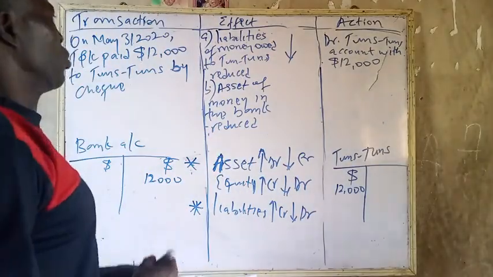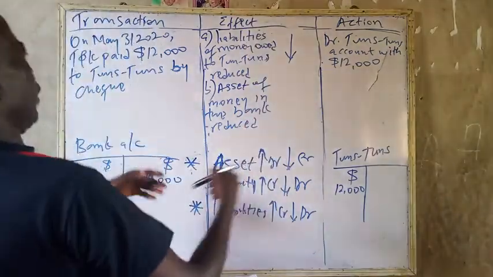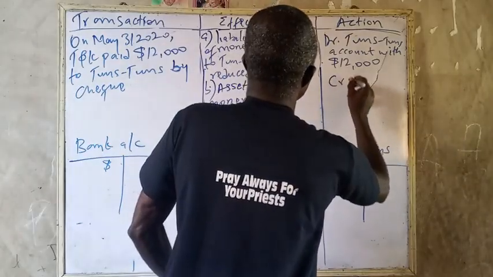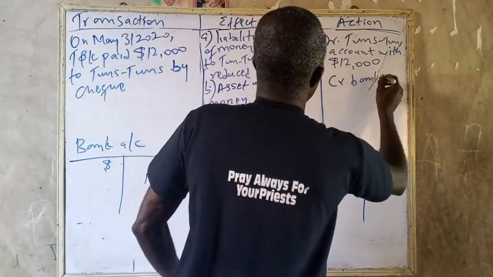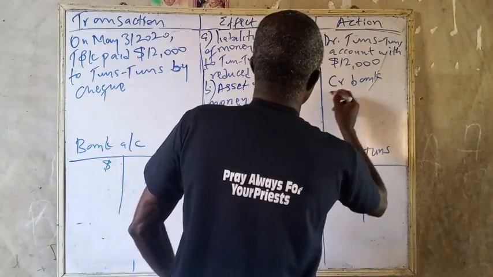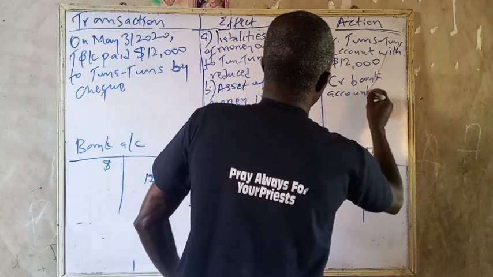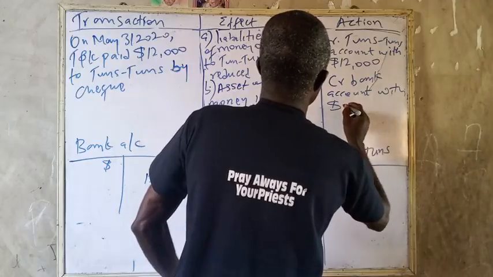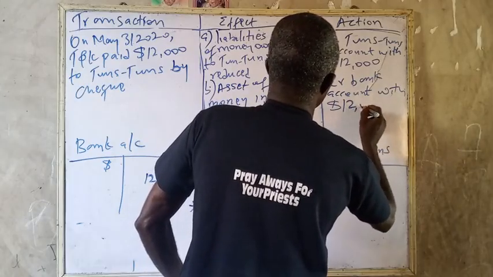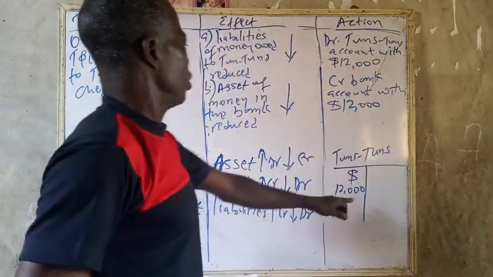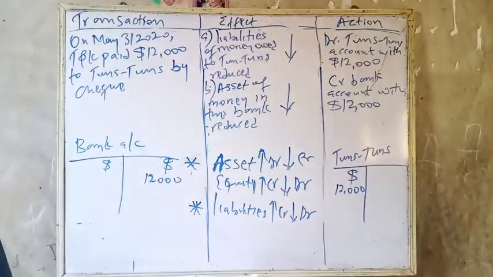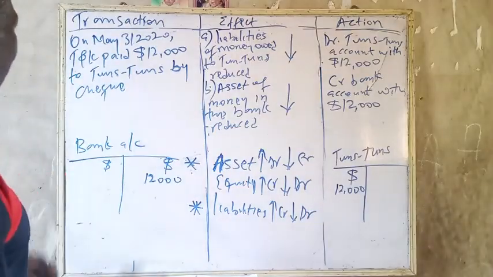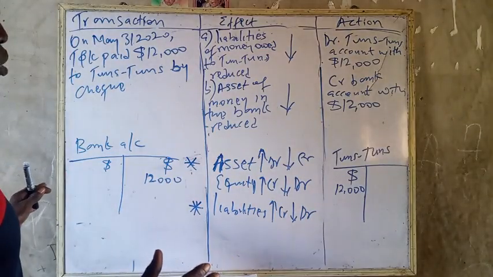When asset reduce, what do? You credit. That means credit bank account with the same amount, $12,000. That's double entry. Simultaneously with the same amount. Okay, that's the end of the example.